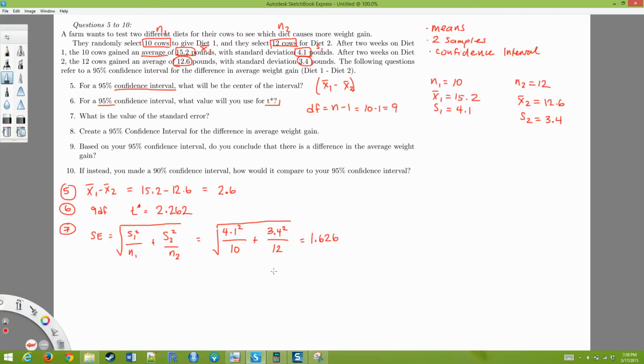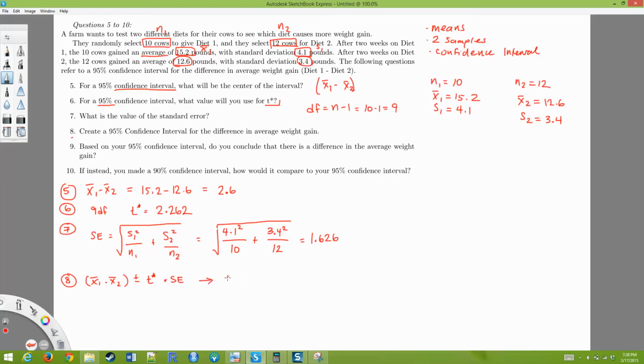Okay, that's my standard error. 1.626. Okay. So number 8 says, create a 95% confidence interval. So at this point, I'm just putting everything together. So I'm going to put x bar 1 minus x bar 2 plus or minus t star times the standard error.